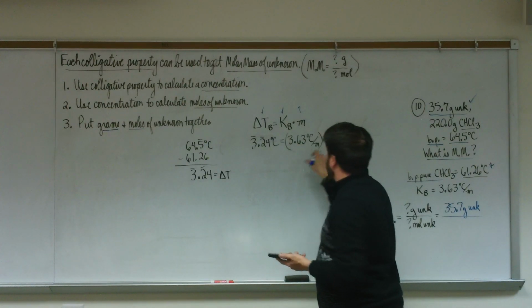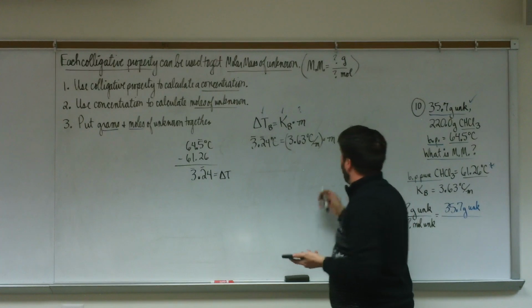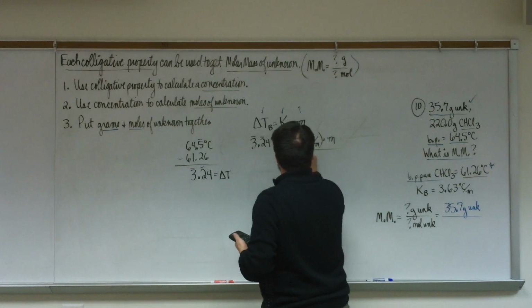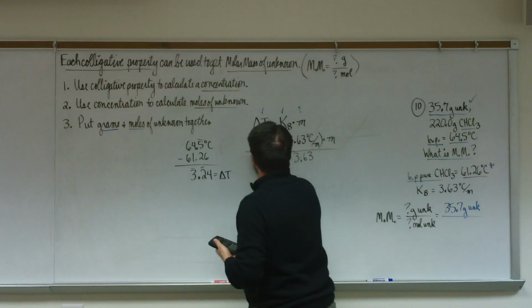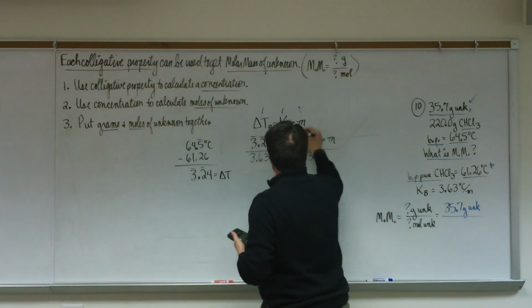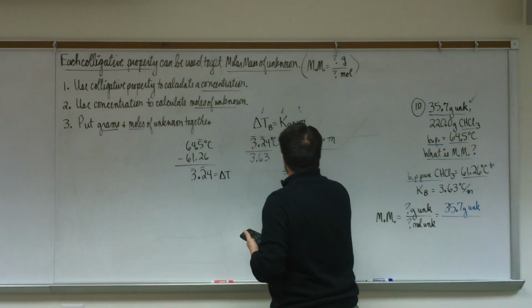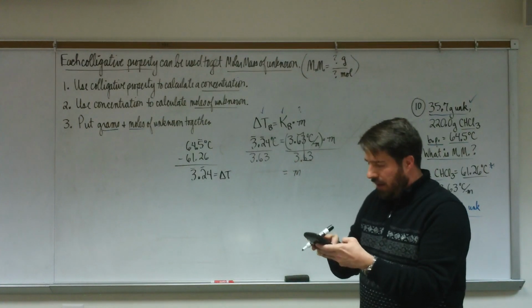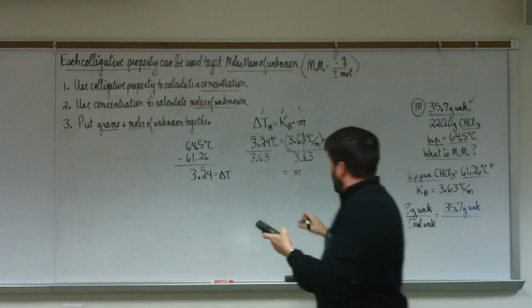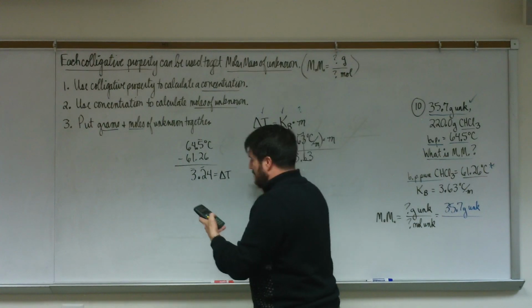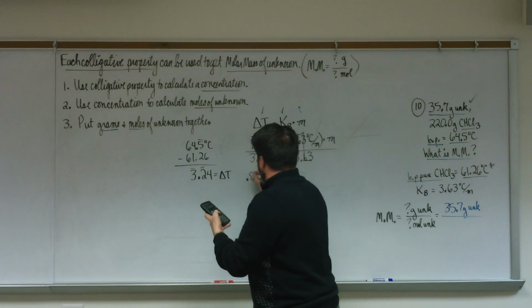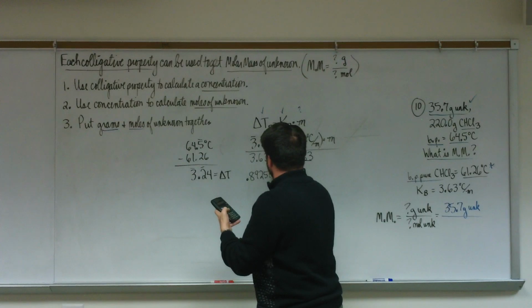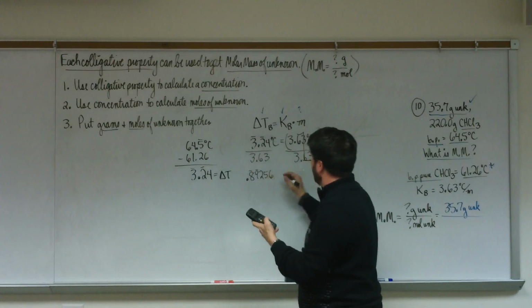Degrees Celsius matches. If I just solve right now, I'll have molality directly. Dividing both sides by 3.63, you should be able to prove this side cancels to make a 1. That the molality is going to be 3.24 divided by 3.63. And in this case, this is claiming that the molality is 0.89256. There's only two significant figures in it for real.